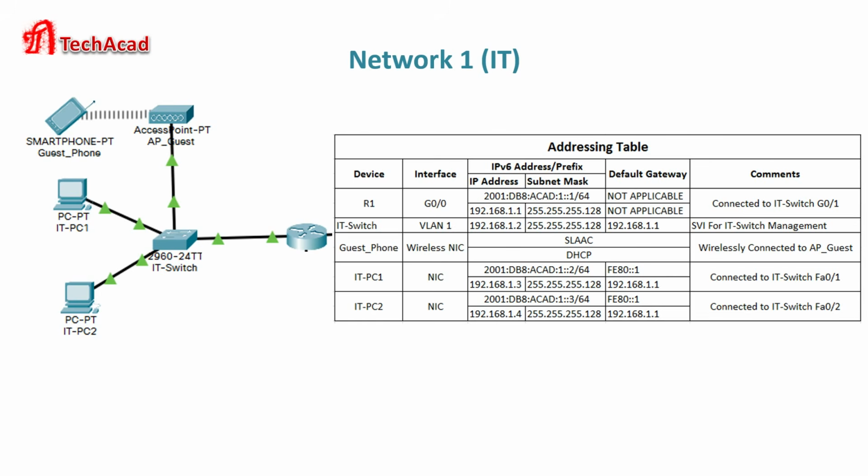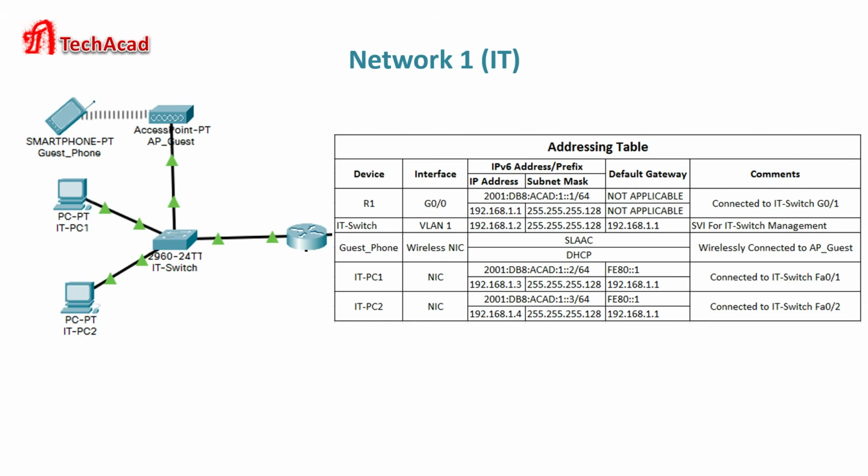First, we will see the IP addressing table for network 1, that is IT. So here we can see on R1, this IT is connected to G0/0. There we can see its IPv6 address, also its IPv4 address with the mask. And also given IP address for the IT switch.